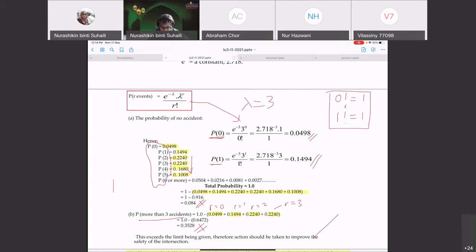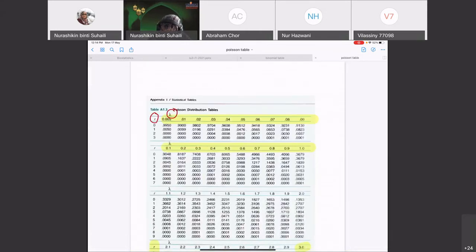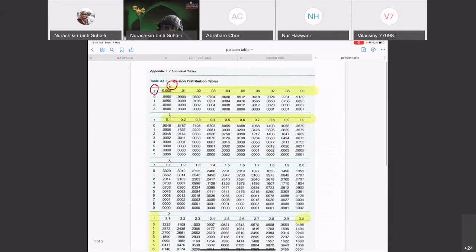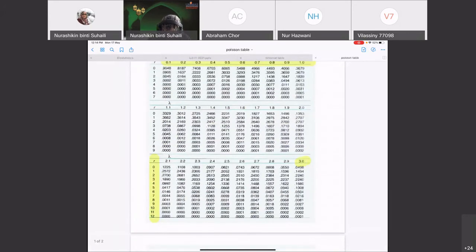Okay, so now let's have a look at how we're going to find the Poisson probability using the table, if not using the formula. Let's say we refer to the first question, r equal to 0. We know that lambda is equal to, what was it? Lambda is 3. So let's look at the Poisson table. Refer to lambda equal to 3 and r equal to 0.